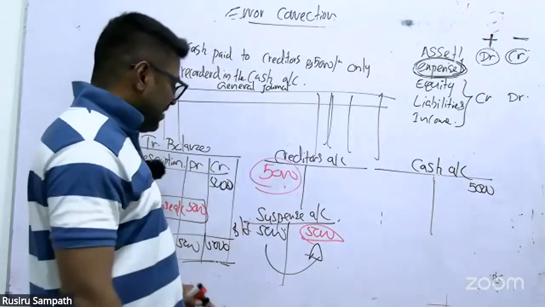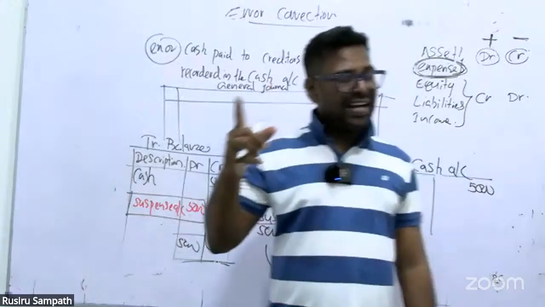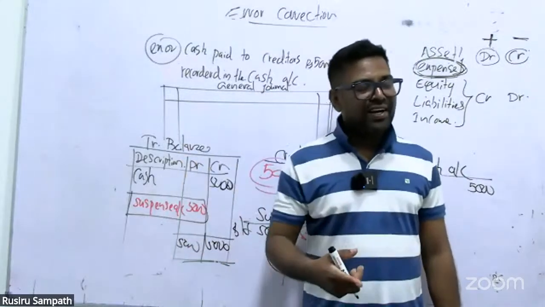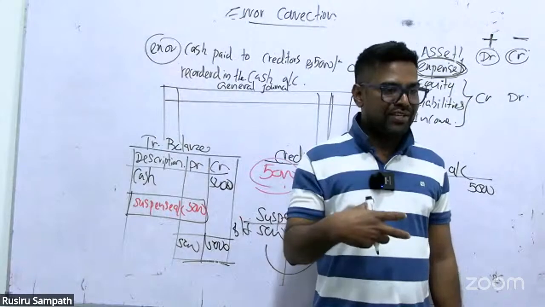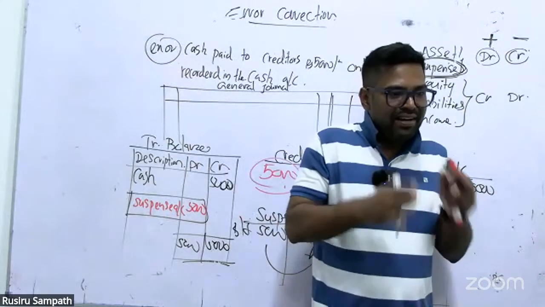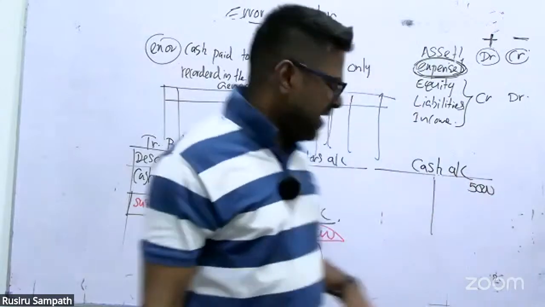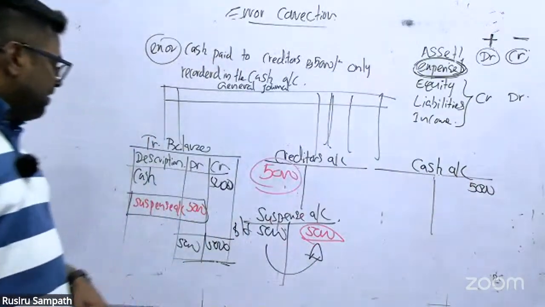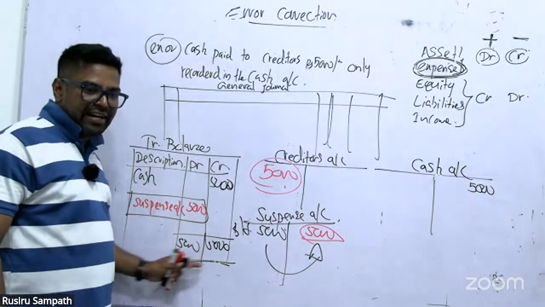Alright, first, this error. Last time I told you, some errors do not affect the agreement of the trial balance. But some errors do affect the agreement of the trial balance.